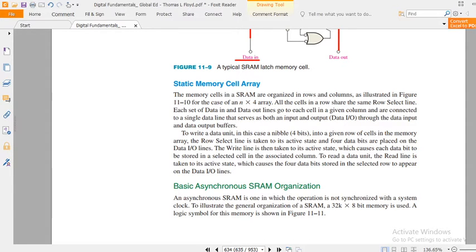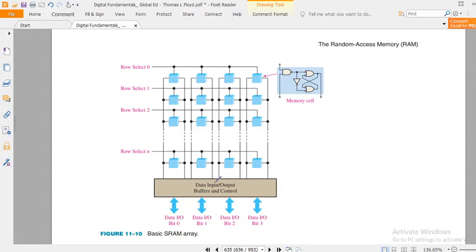So the memory which is shown in 11.10. First let me show you the memory cell. This is a basic SRAM array. Here this smaller block is a memory cell, the same memory cell we have just seen.